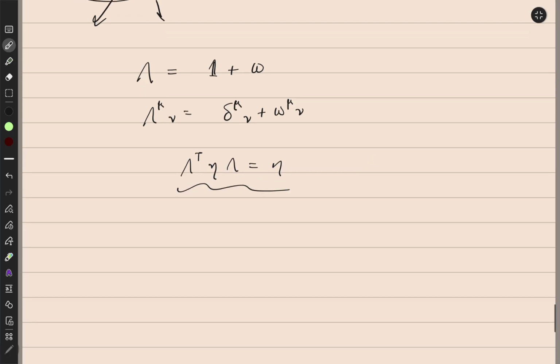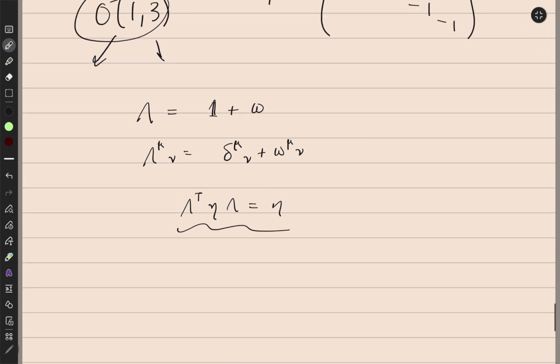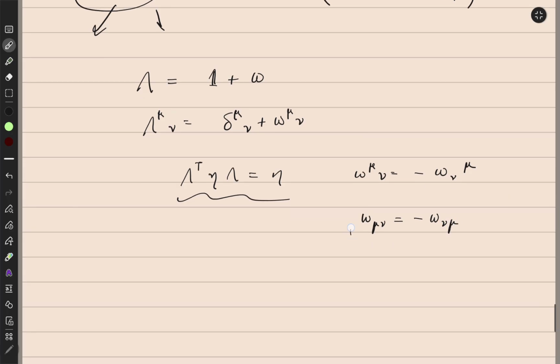And then again, just from this definition, lambda transpose eta lambda should be eta itself. If you apply it in component form, you will be able to see that omega mu nu has to be the negative of omega nu mu, or using the Minkowski metric to lower the indices, we can show that omega mu nu is negative omega nu mu, so this is an antisymmetric matrix.